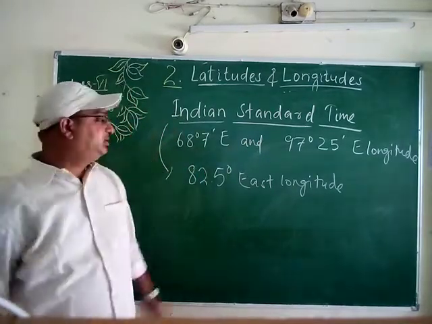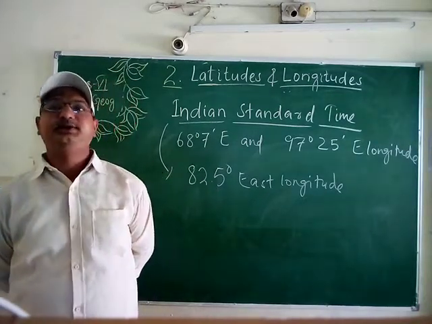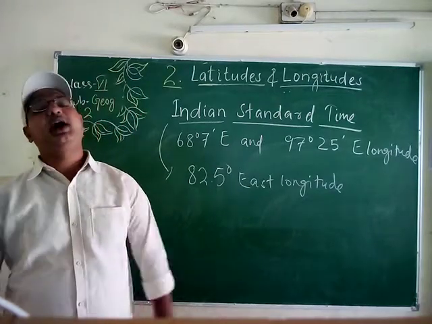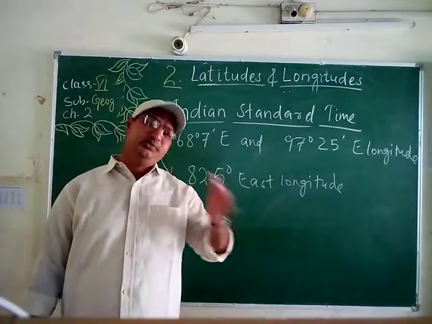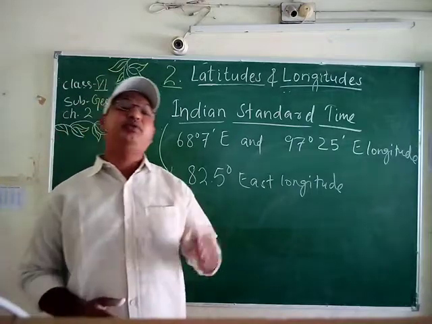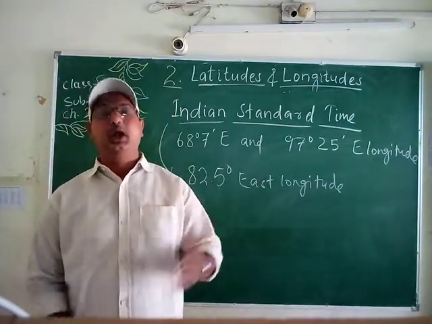Therefore, it was taken as the Indian Standard Time. Being in the east, the standard meridian of India is 5.5 hours ahead of the GMT, which is situated in London. It means if it is 10 a.m. now, it is 5.5 hours ahead of London time.